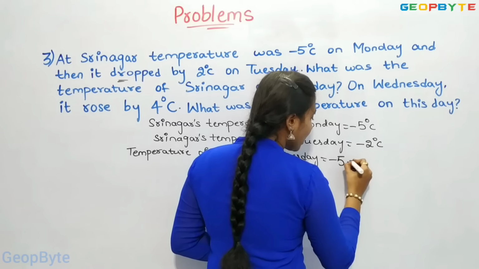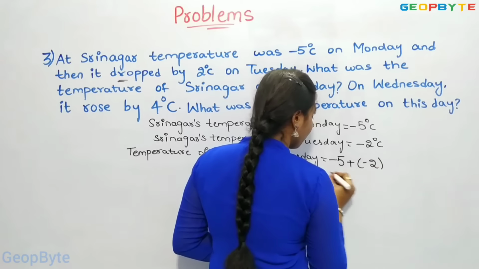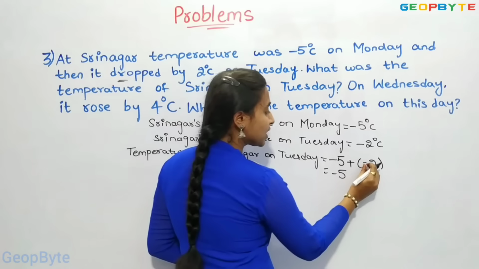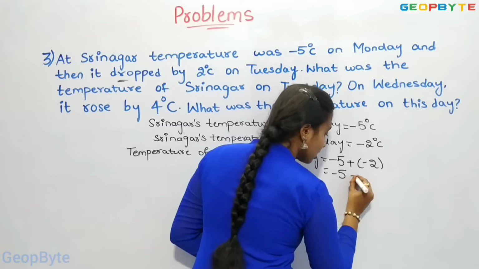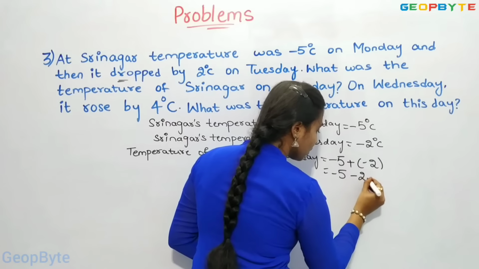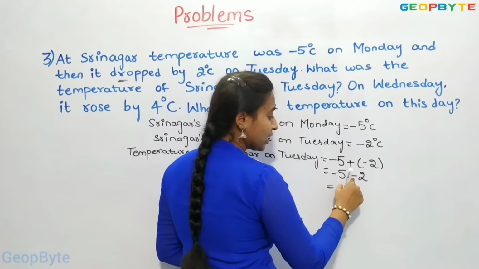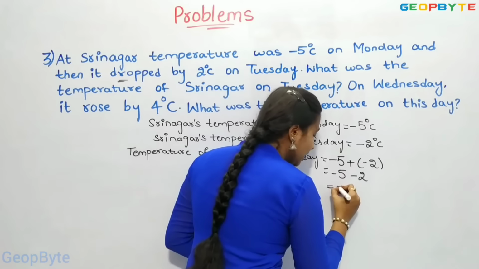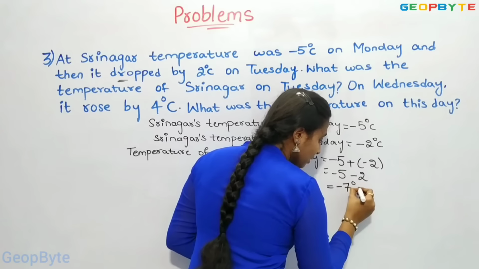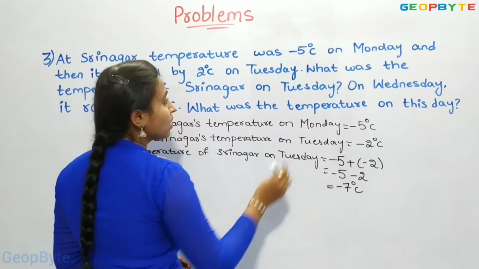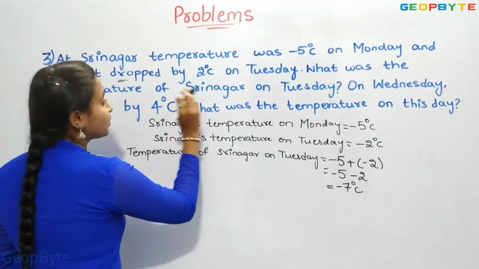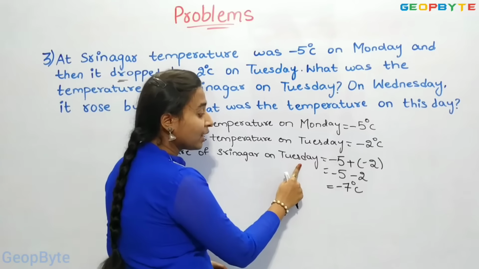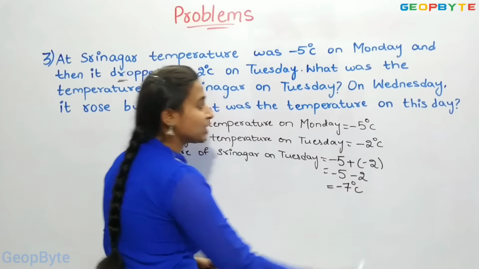Minus 5 plus minus 2. We have minus 5 as it is. Now plus into minus, minus 2. Minus minus, we need to add 5 plus 2, 7. That is minus 7. So, the temperature of Srinagar on Tuesday is minus 7 degrees Celsius.